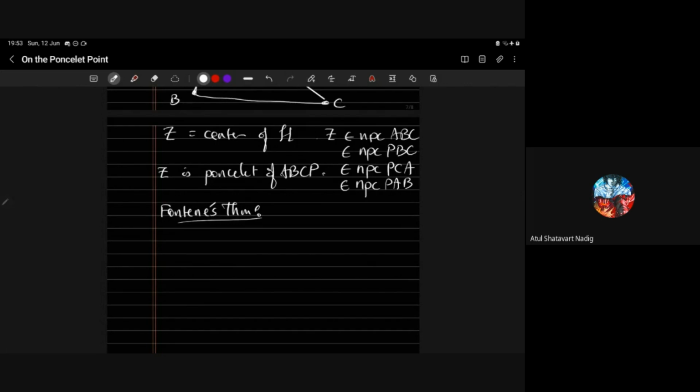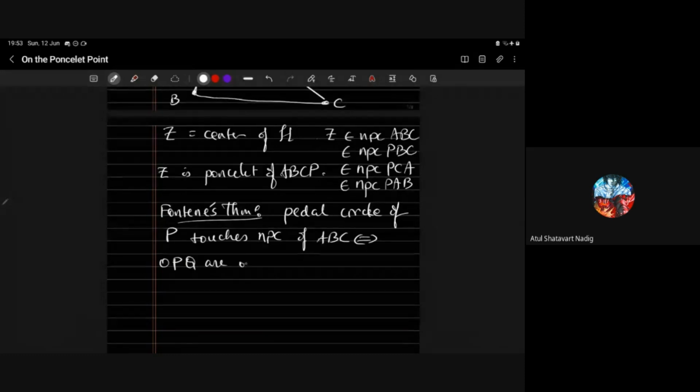So what it says is the pedal circle of P touches the 9-point circle of ABC if and only if O, P, Q are collinear, and Q is the isogonal conjugate of P.